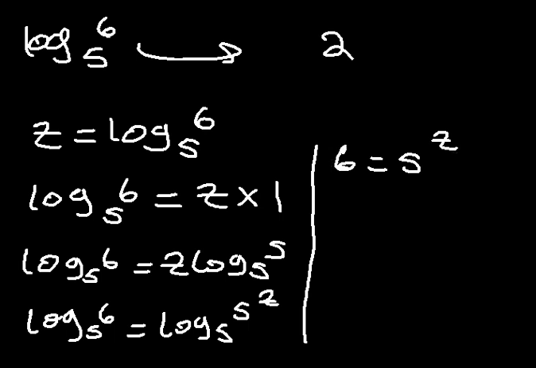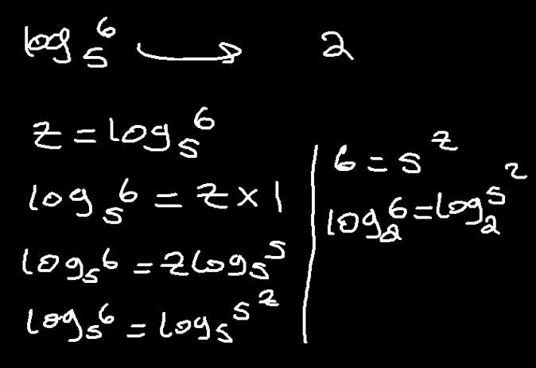So from there, we introduce the log of the base of our interest on both sides. We'll have log 2 of 6 equal to log 2 of 5 to the power z.